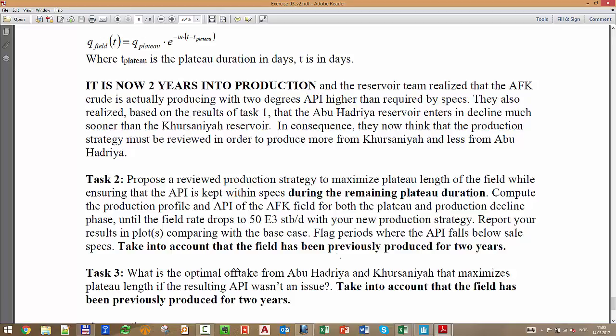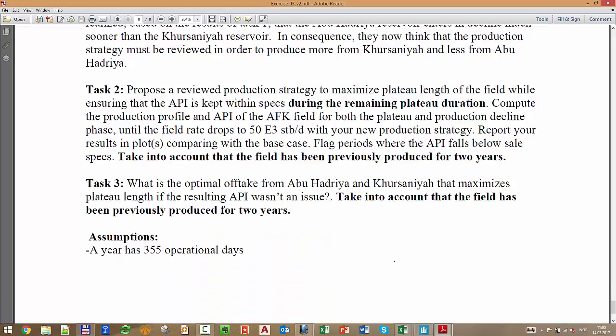So you produce less, start to reduce from Khurasania until you get exactly the API. And that's really the place where you maximize, when you cannot do anything else. So in that case, the API is prohibiting you from having the maximum plateau length that you can have, so you use it like a lower bound.